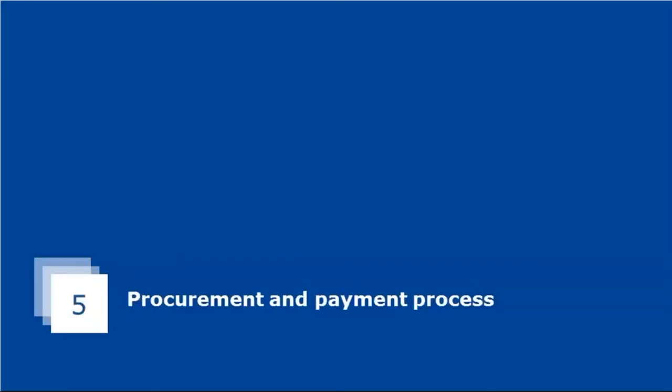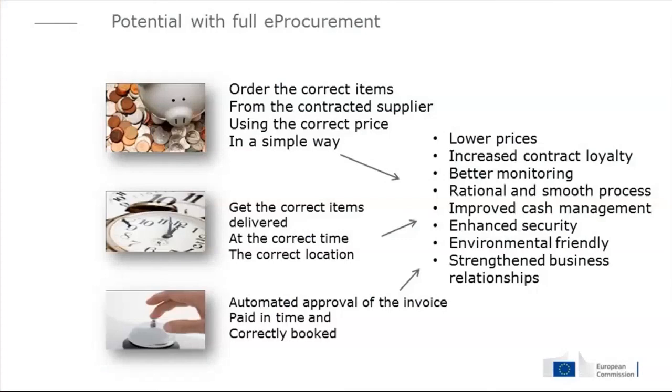So finally, I want to talk a little bit about the procurement and payment process. We will not go into detail on this due to time, but the potential with full e-procurement is much higher than e-invoicing only.